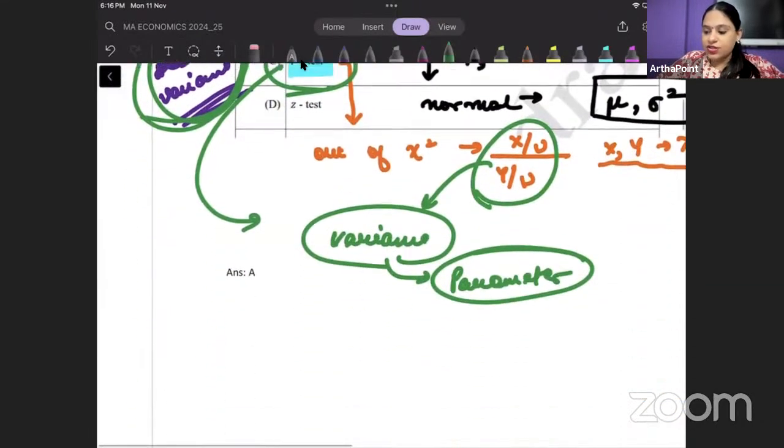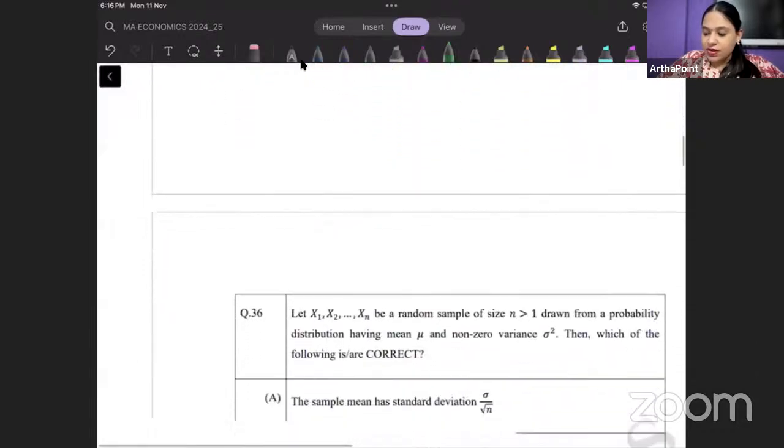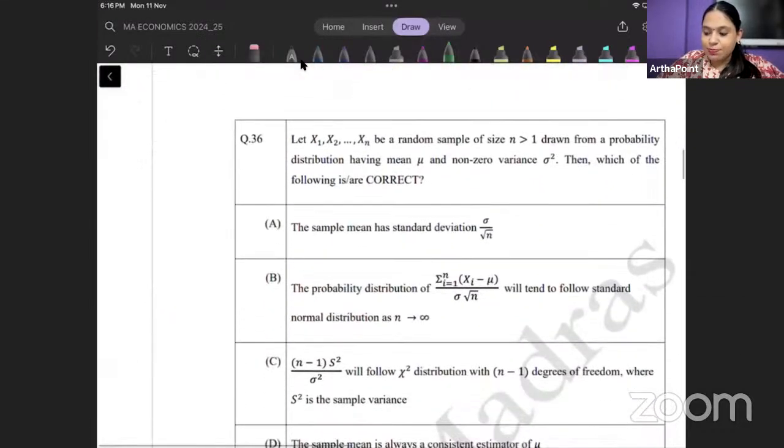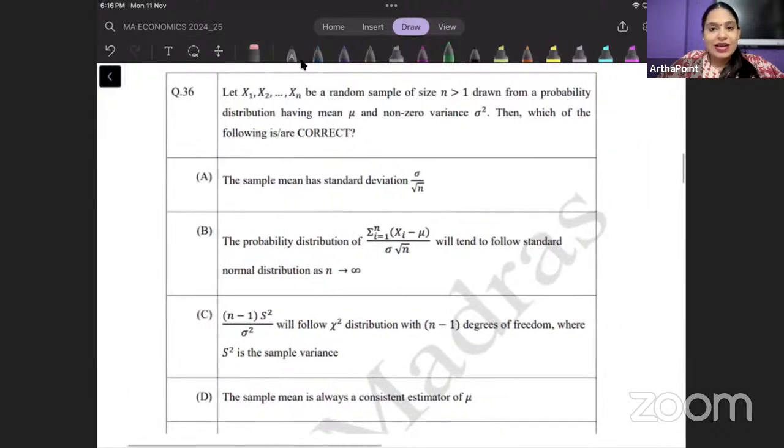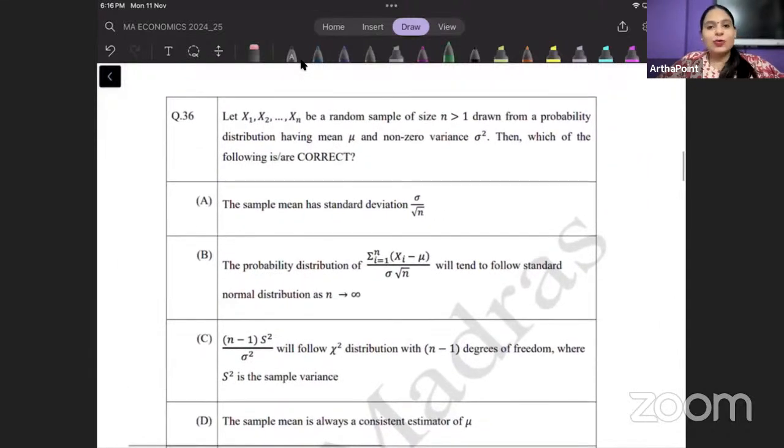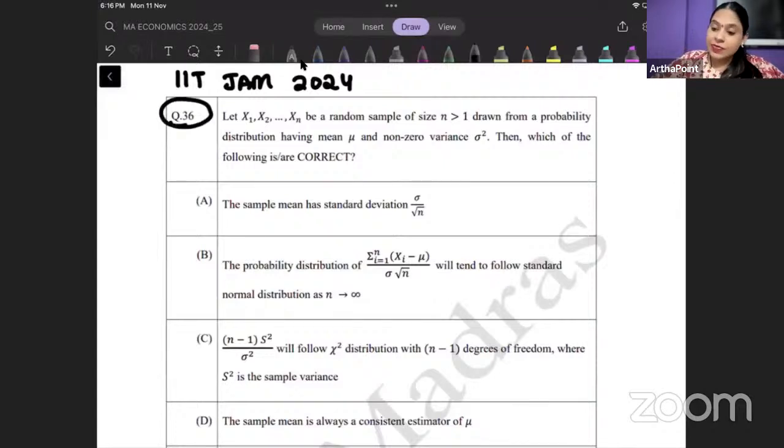Now let's go to the next question. This time, the question paper had a few very tricky questions, and I think this question number 36 is one of those. So I want all of you to give it a try. IIT JAM 2024, question number 36. MSQ question, 2 marks.